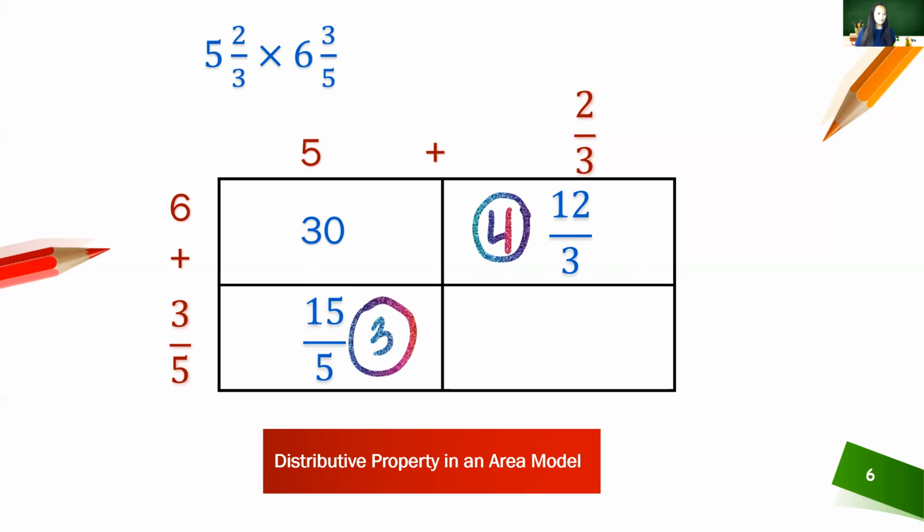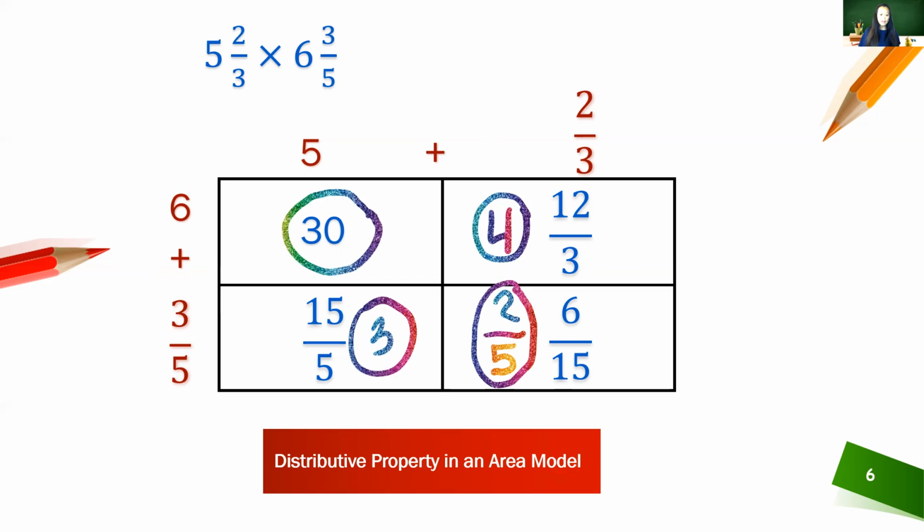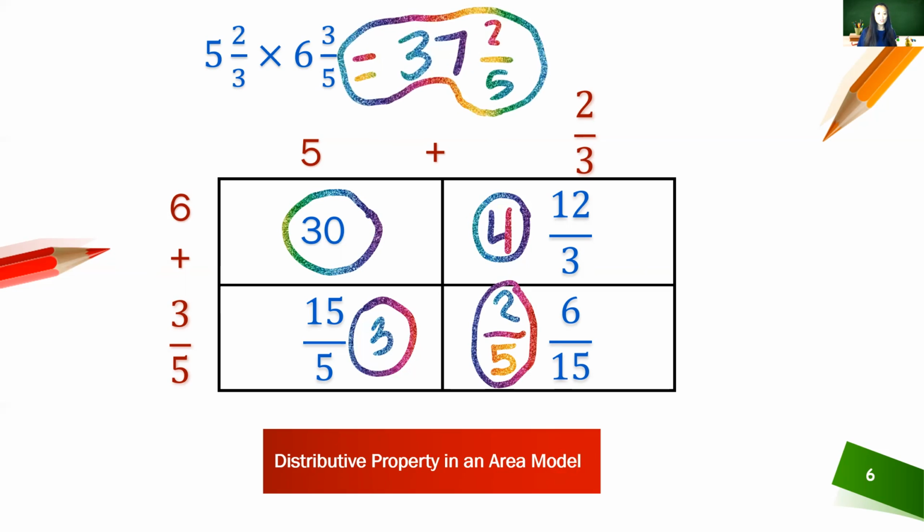And then 3/5 multiplied by 2/3 is 6/15, which reduces to 2/5. And then we would add all of these results together to get your final answer, and that's 37 2/5. And that's how the area model works with what we call mixed numbers, right? It's a mixture of whole numbers and fractions.